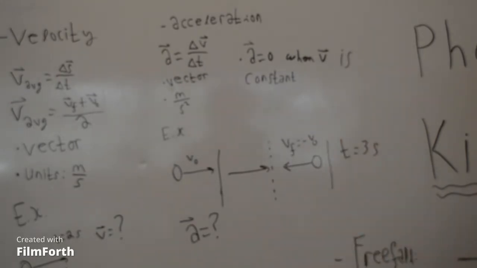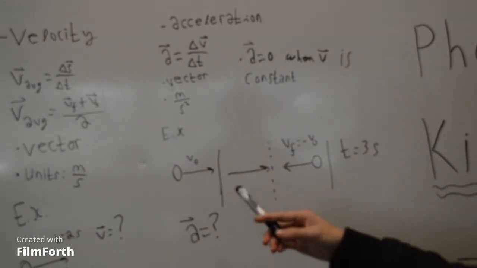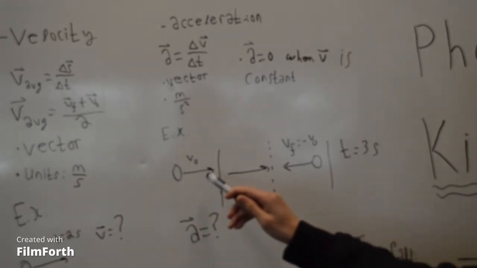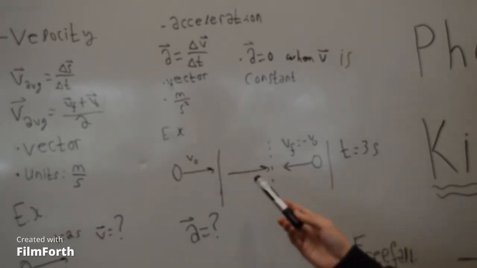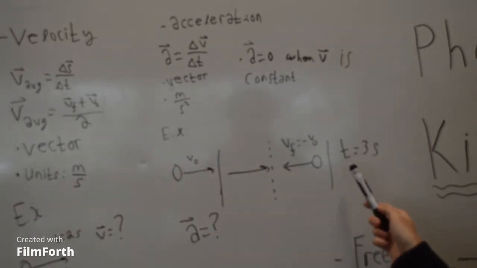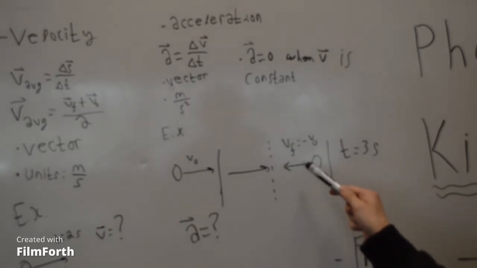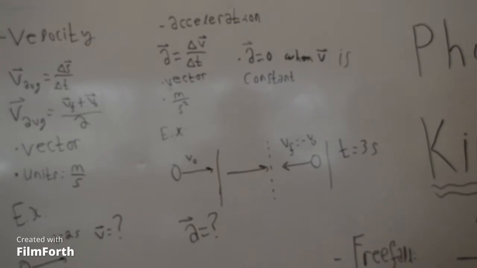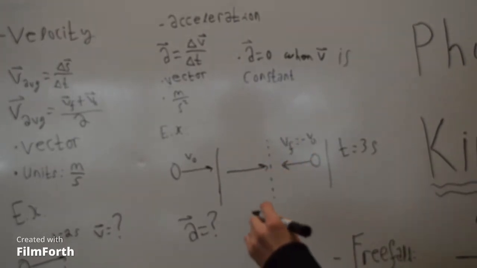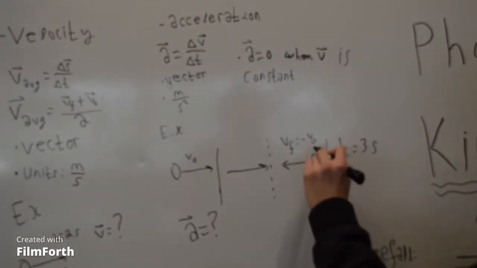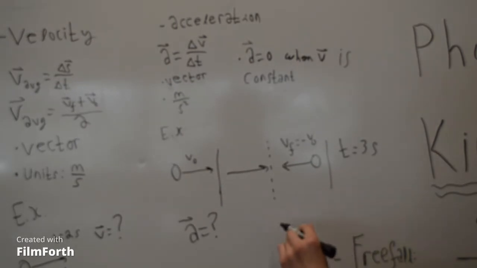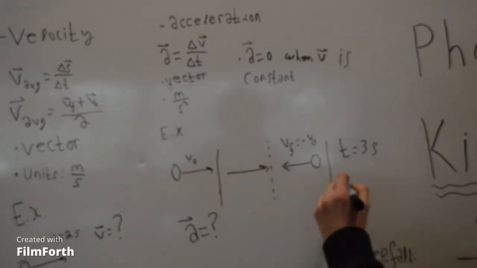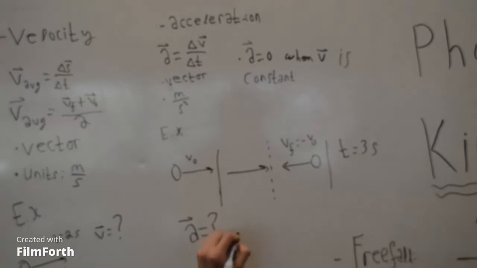Since we got that cleared up, let's do an example. Suppose a ball travels at an initial velocity v0, and then after 3 seconds it bounces off with the same velocity but in the opposite direction. What is its acceleration? Its acceleration will be its final velocity, which is negative v initial, minus its initial velocity v initial, all divided by 3.